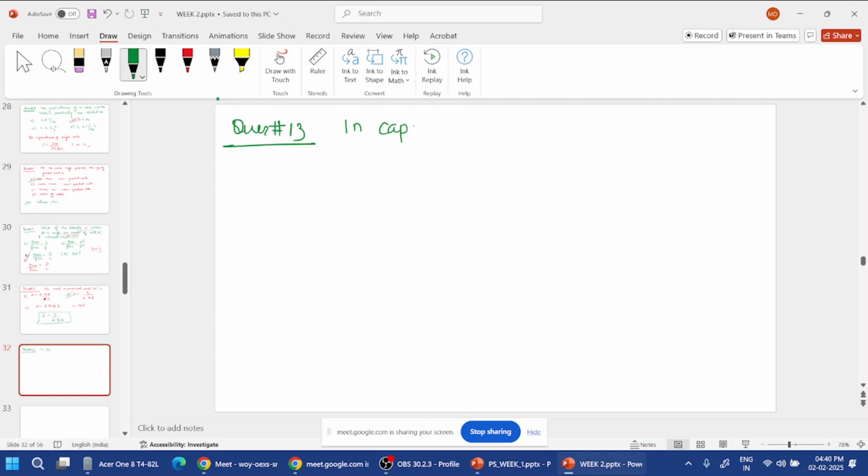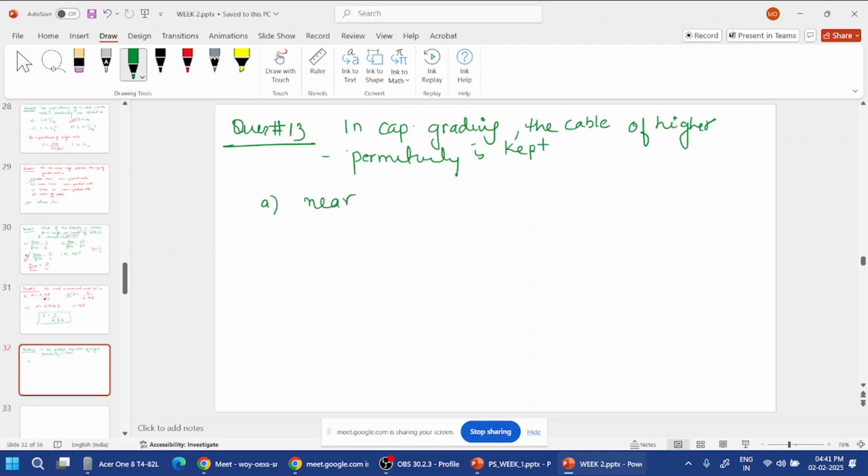In capacitance grading, the cable of higher permittivity is kept: A, near the core; B, in the middle; C, farther; D, none of the above.